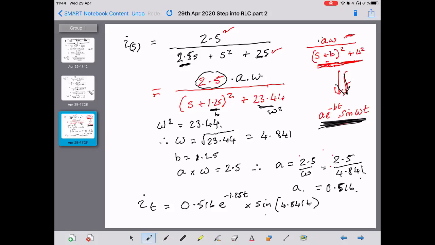That's a times in there, yeah. All right. So that's our expression for the current in that circuit in that transient period after switch on.